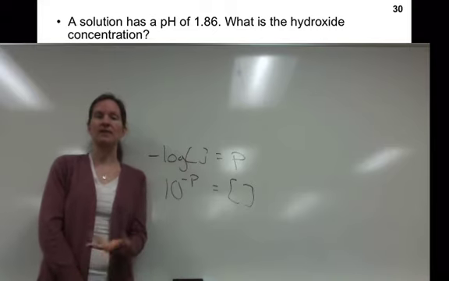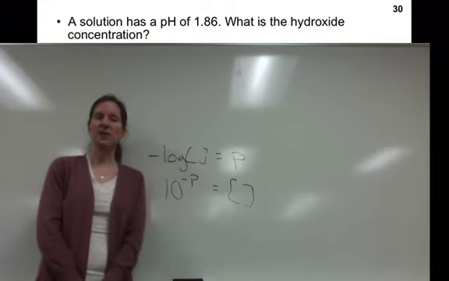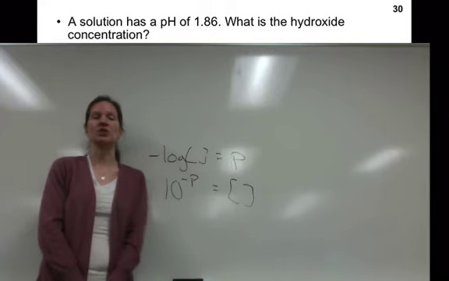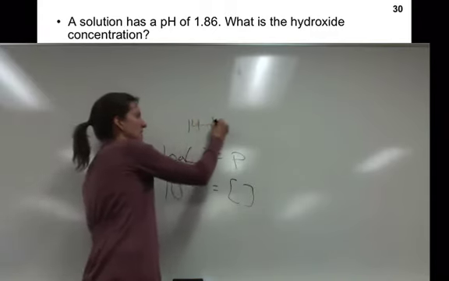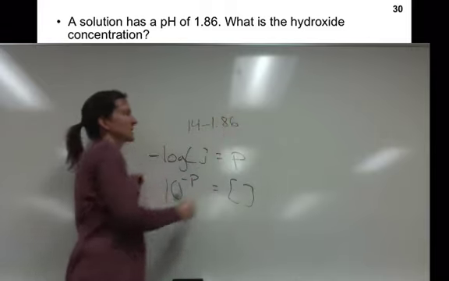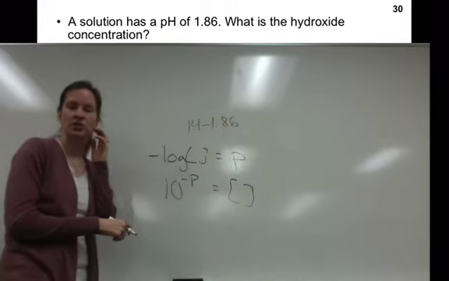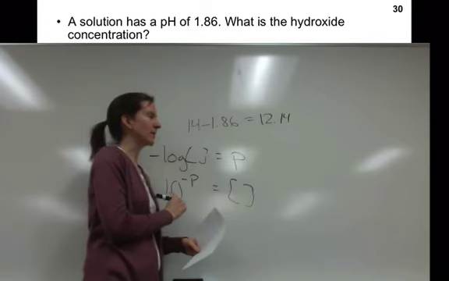Given the fact that I'm given pH, the easiest way for me personally to solve this problem is to calculate pOH and then go 10 to the negative pOH to get the concentration of OH-. So 14 minus 1.86 is going to get you your pOH of 12.14.